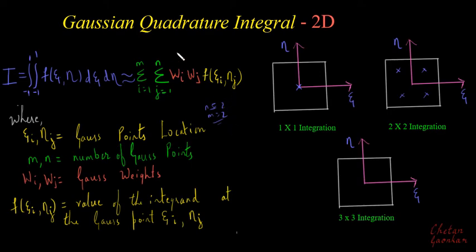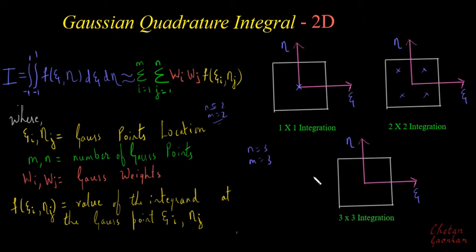So if I get two Gauss points in eta direction and two Gauss points in xi direction, we will have to evaluate this integral at n cross m points, that is 2 into 2, 4 points. This and this will take care of the Gauss points in xi direction, whereas this and this will take care of the Gauss points in eta direction. Suppose for a given problem it turns out that n is 3 and m is 3.